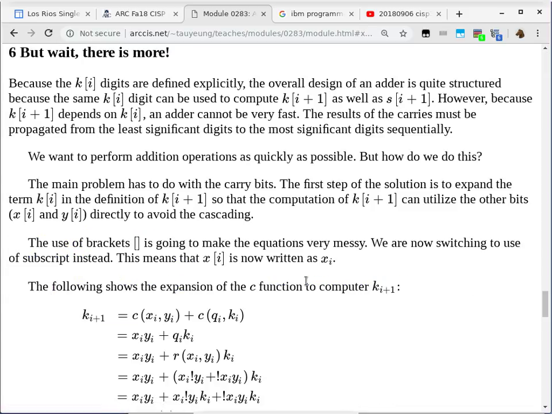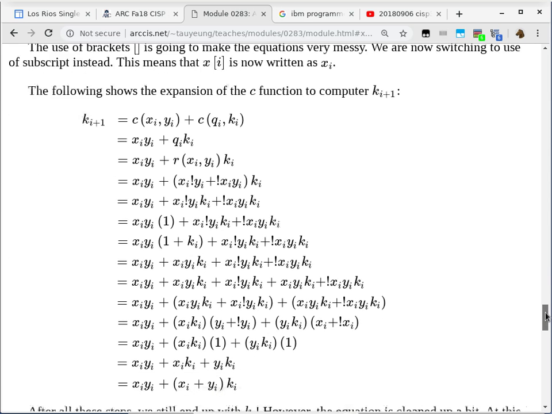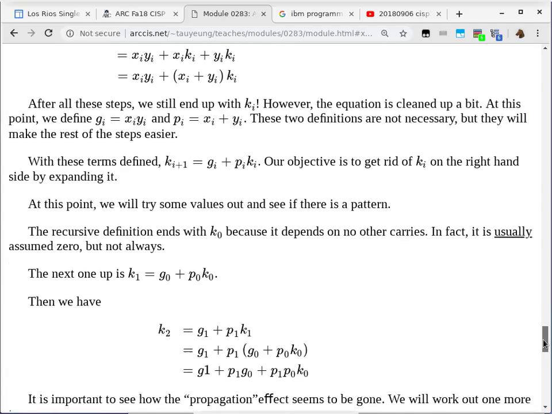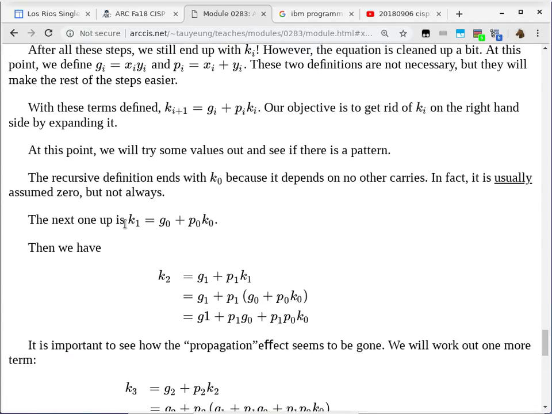because section 6 is where some of the more heavy duty math comes along. We have the k(i+1) defined by basically this becoming a gi term and this part becoming a pi term, and it relies on ki. By expansion we are able to figure out what k1 is, expressed only using the p and the g terms and k0.